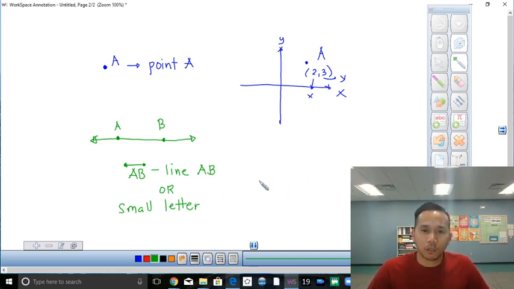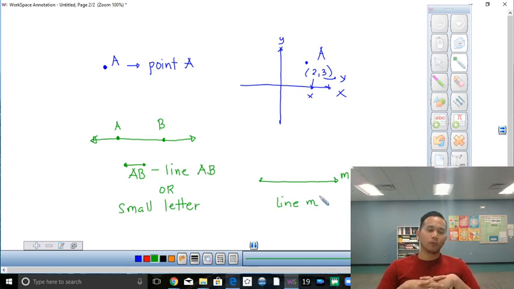So if I draw a line here, and I want to call this one M, small letter M, you will say line M. Again, there are two ways to name your line. You can select 2 points on the line, or you can name it with a small letter.